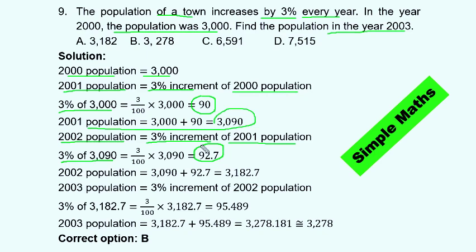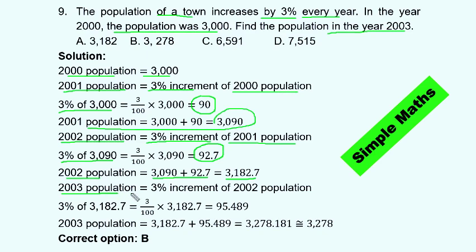You have to add it to the population of the year 2001 in order to get population of the year 2002, and that is 3,182.7.